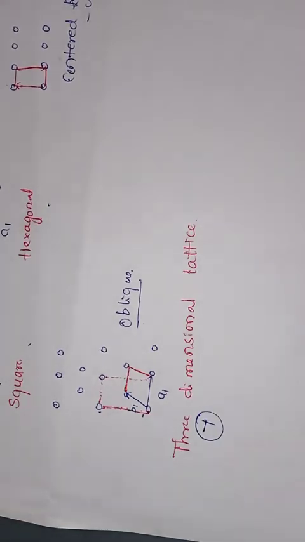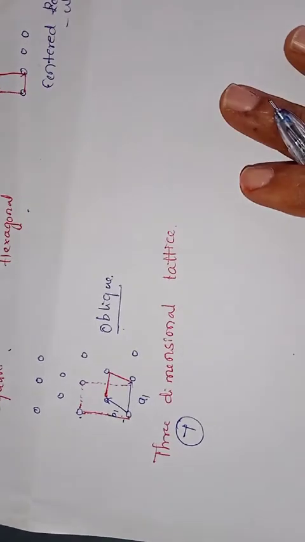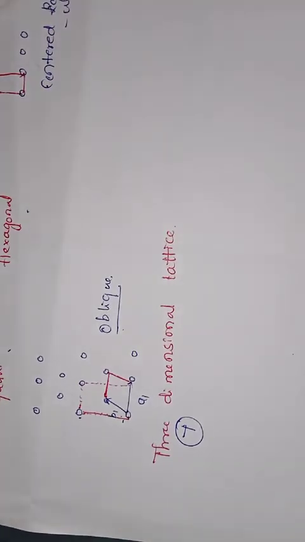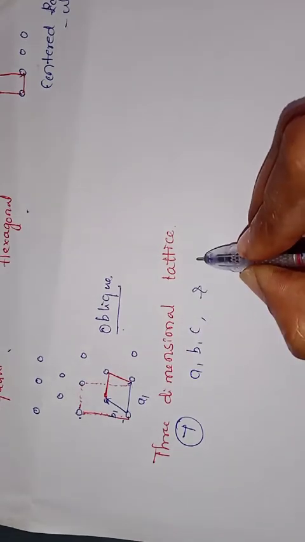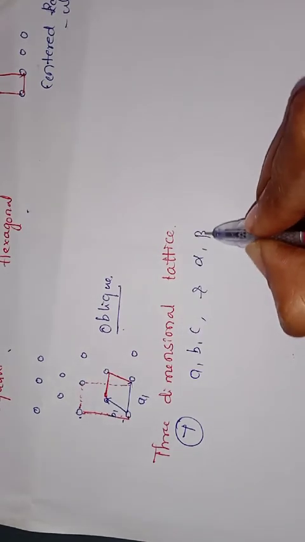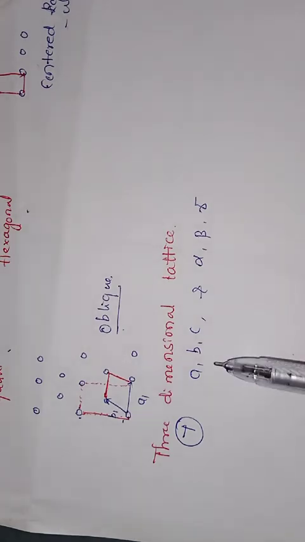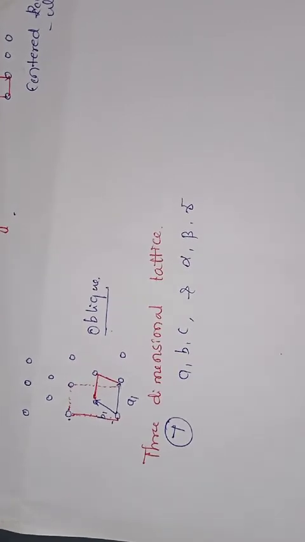If 7 are there, those are the crystal systems, based on the condition of the 3 lattice vectors A, B, C and the 3 interfacial angles alpha, beta and gamma. These are the three-dimensional lattice conditions.